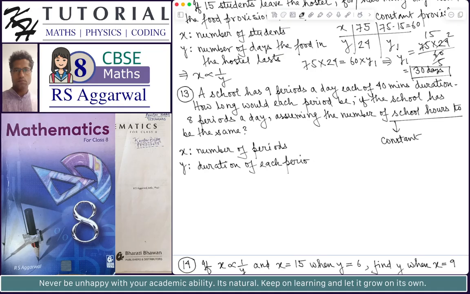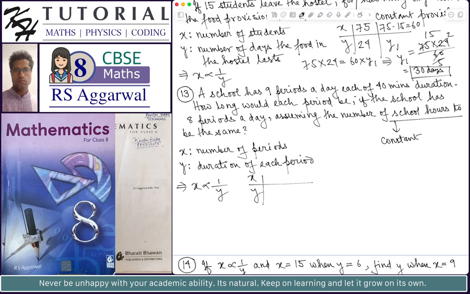Now, certainly, if the total school hours is kept constant, then if the number of periods is more, the duration of each period has to be less. And similarly, if the number of periods is less, then the duration of each period has to be more, so that the total school hours is kept constant. So we clearly see that x and y are varying inversely with each other. Now let's create the table x, y.